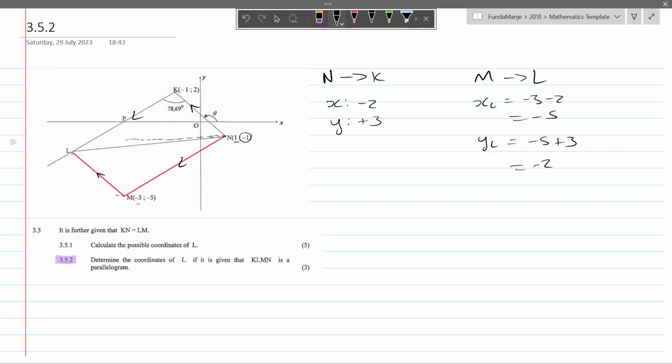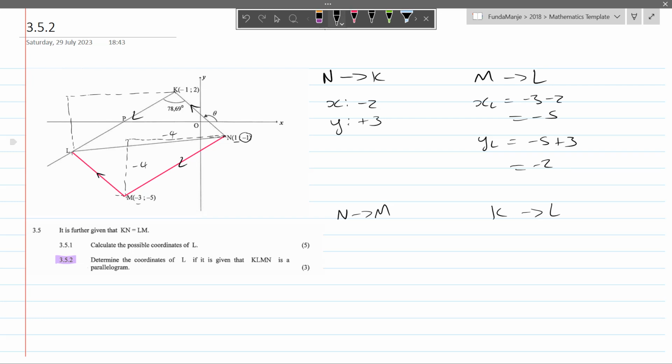That's subtracting 4 again. So -4, -4, that's the translation. Now we're dealing with N to M, and we have K to L. So K to L, we're going to move minus 4, minus 4.